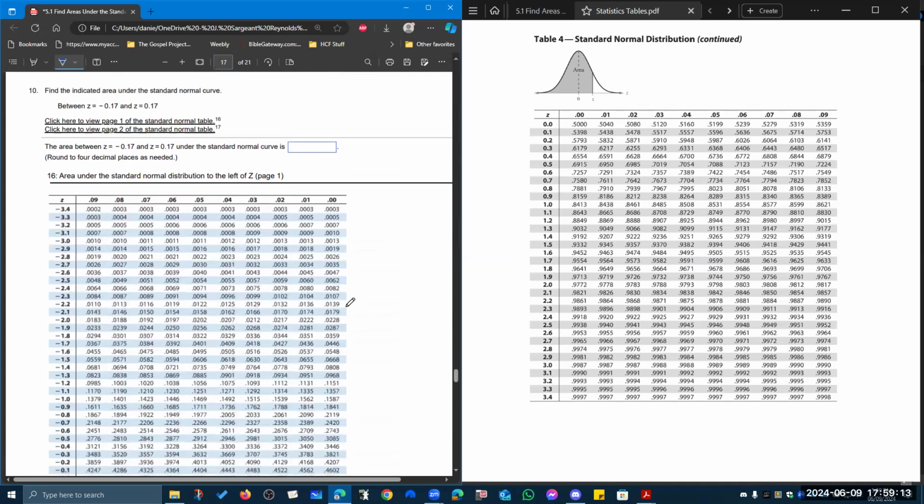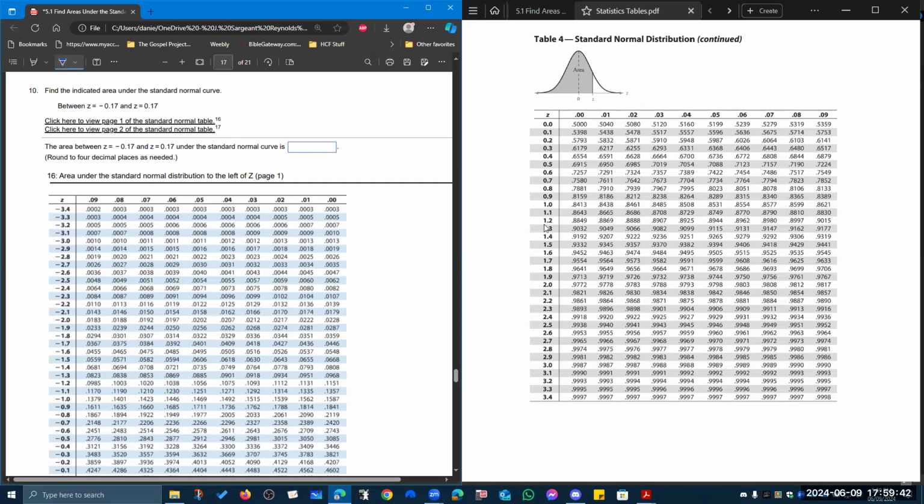And between negative 0.17 and positive 0.17. Because it's symmetric, I could use some symmetry here. I could go between 0 and one of those numbers and then double it. If I had a different table that did that, that would be super helpful, but it's not. So let's just look them up. My table goes to the left.